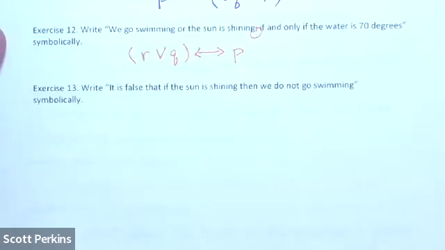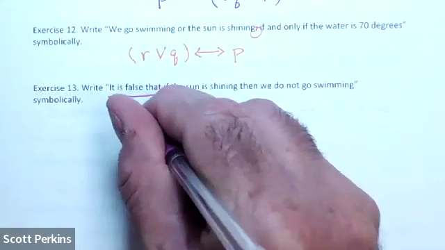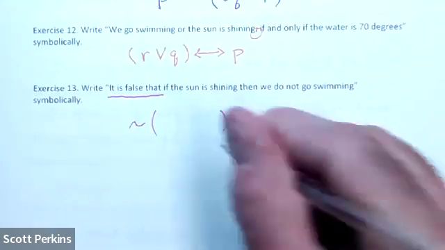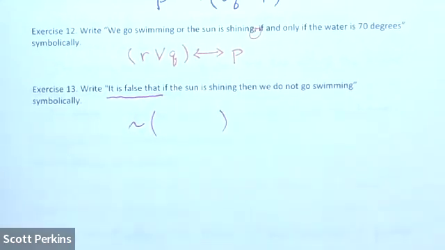All right, this statement starts with the words "it is false that." From the previous page, when you see the words "it is false that," what does that mean? We're going to do a squiggle, and it means whatever comes after that is in parentheses. That was from the bottom of the front page of this section.